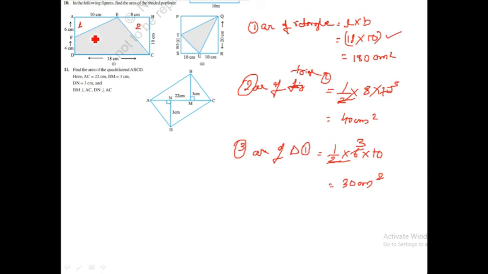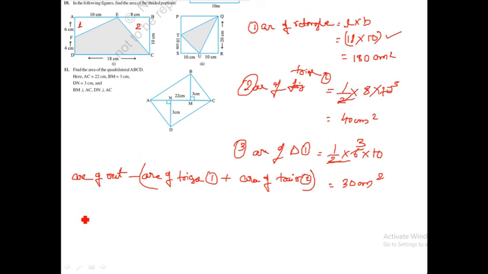What is the area of this shaded portion? So area of this shaded portion can be written as area of rectangle minus area of triangle 1 added with area of triangle 2. So area of rectangle, that is 180, minus bracket area of triangle 2 is 40 added with area of another triangle, that is triangle 1, that is 30.